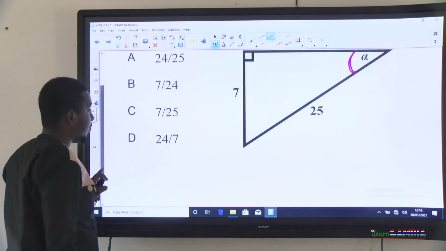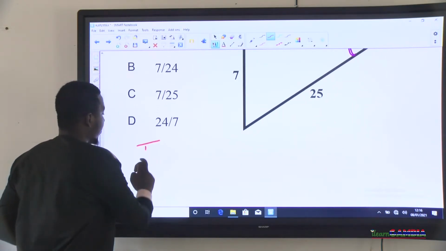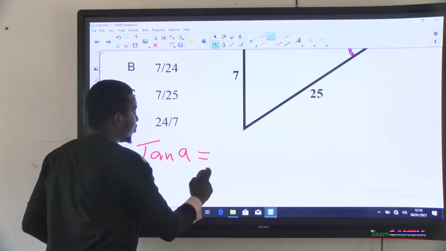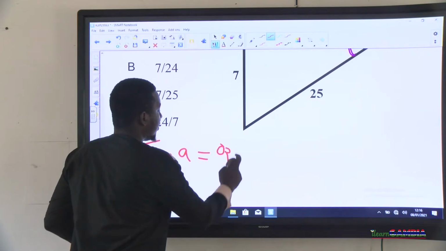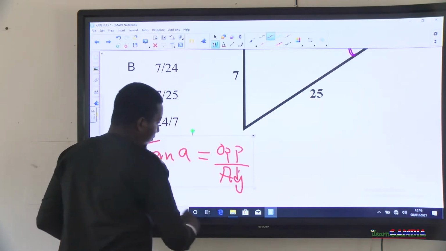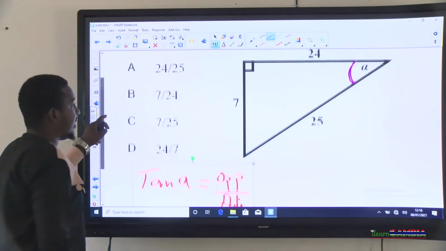So in short, tan A is equal to the opposite divided by the adjacent.